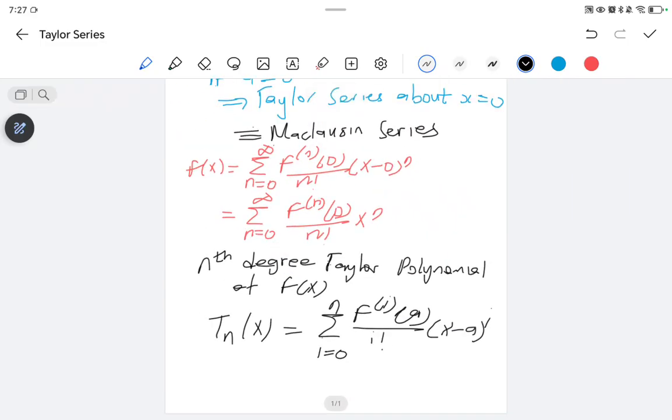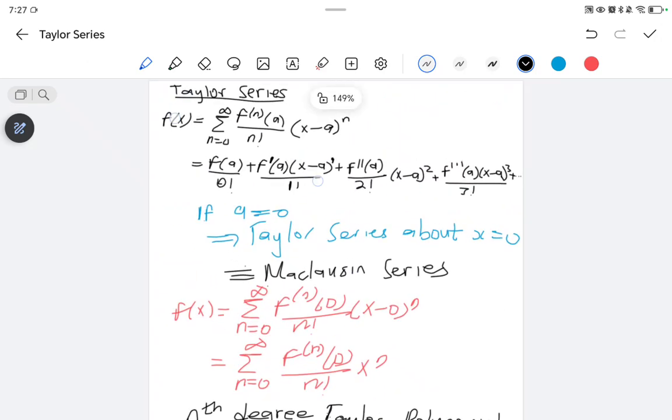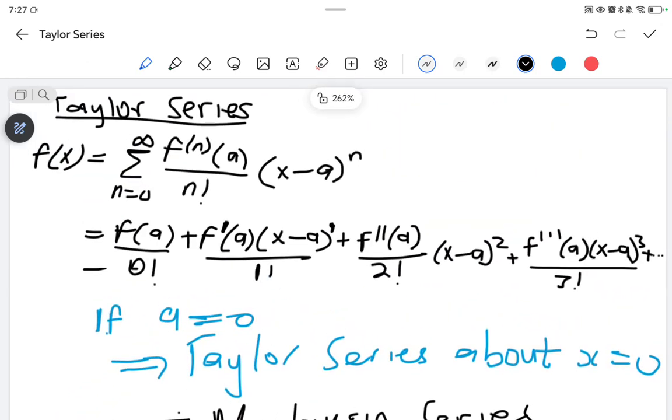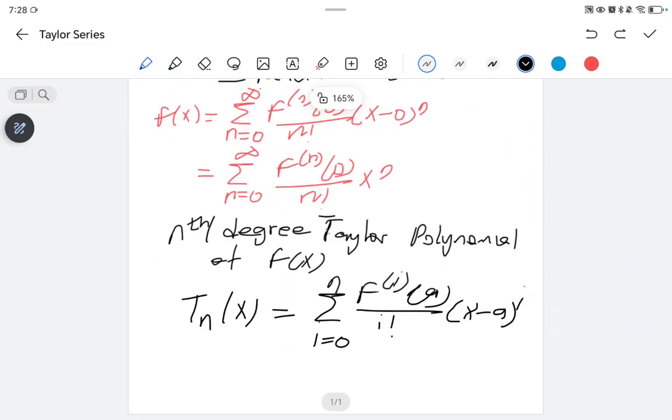For the nth degree Taylor polynomial of f of x, we just come to the Taylor series. Where we see n, we replace that n by i. Then we apply it. Now we just write the formula like that.